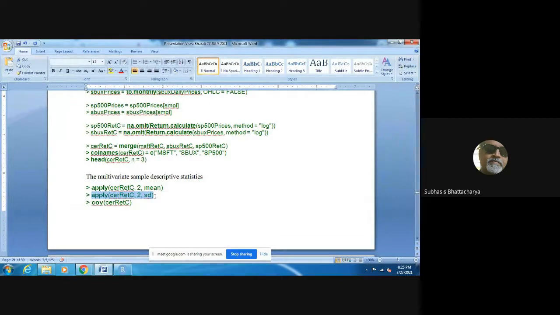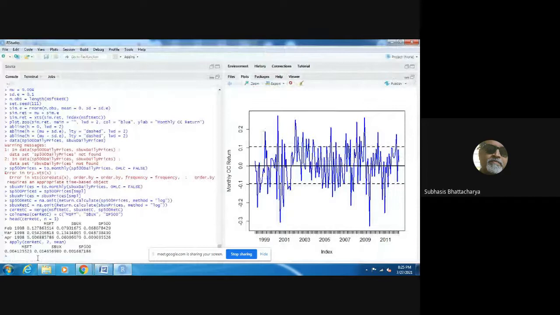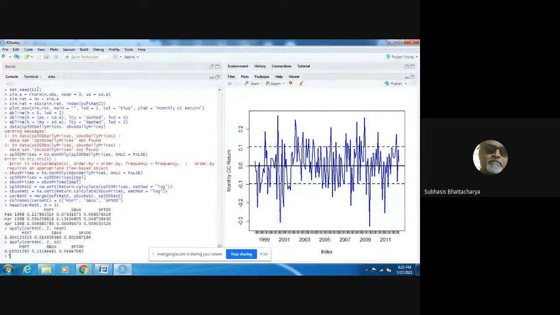Then we consider the SD, that is the risk. Look, the risk is highest for SBUX, that is Starbucks, and lowest for SP500, and Microsoft is in the medium position. That is the most risky asset, and this is the less risky asset.